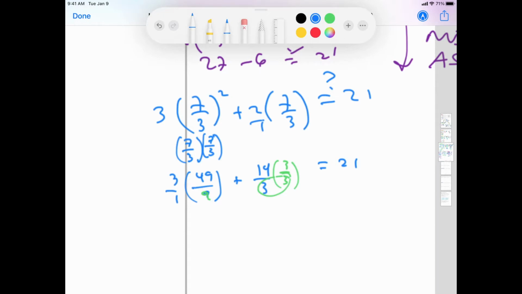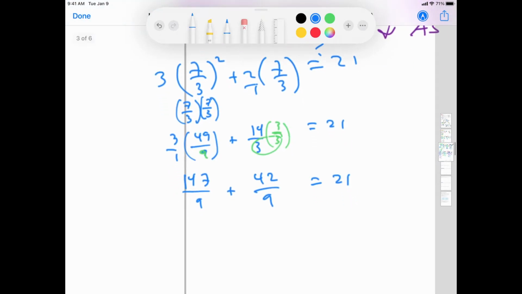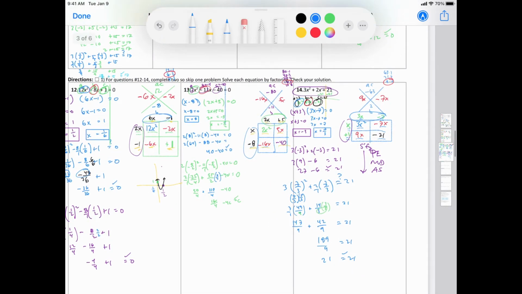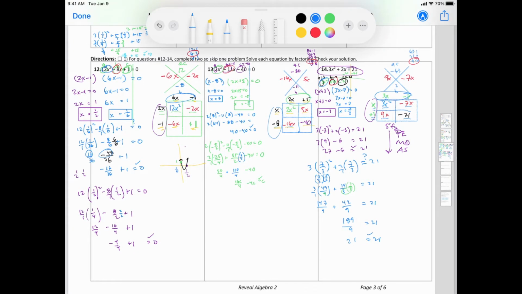Feel free to use your calculator. 14 times 3 is 42 over 9. And this will give me 189 over 9. And 9 goes into 18 twice, 9 and 9, 1. Yay! It checks. And that was number 14.